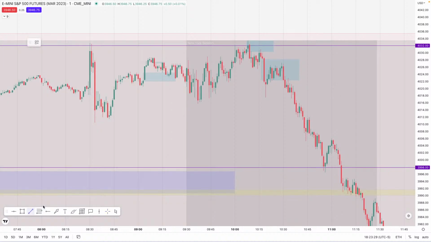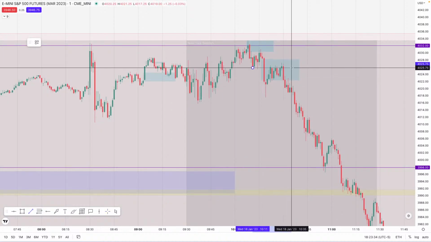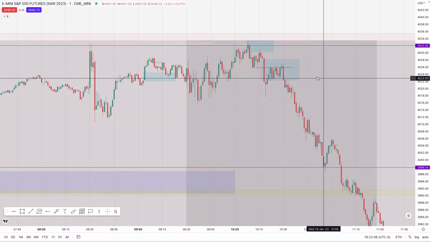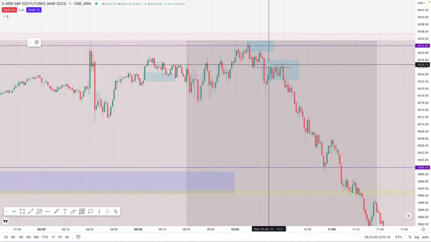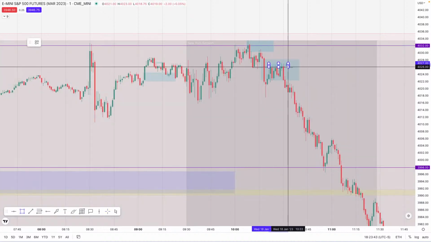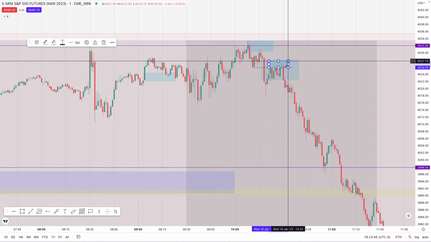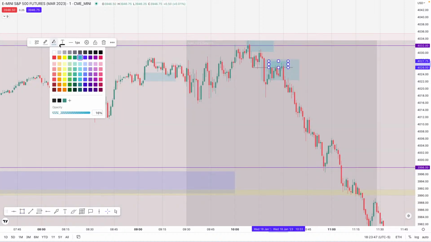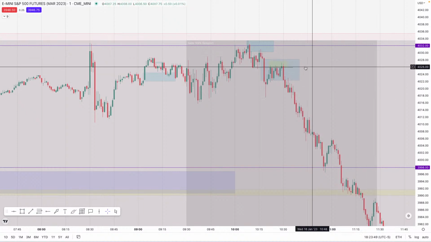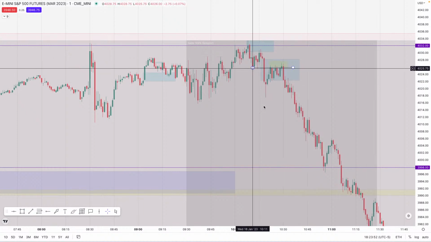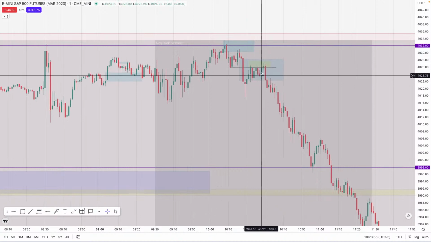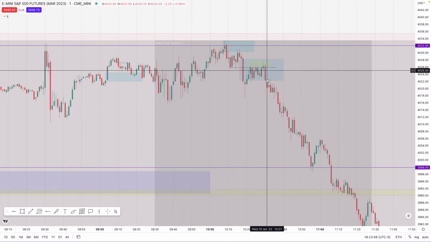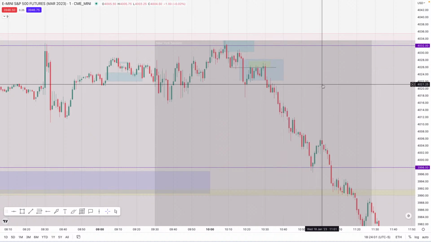And so if we just draw a line from where that is and this fair value gap, we have price that comes up into there, was that about 4-5 times. Distributing orders, gathering orders, and then boom, quickly moves away.